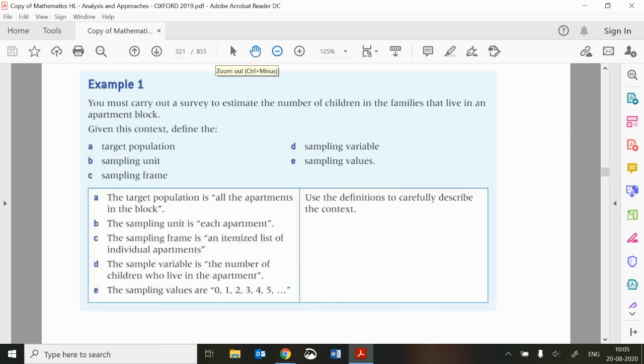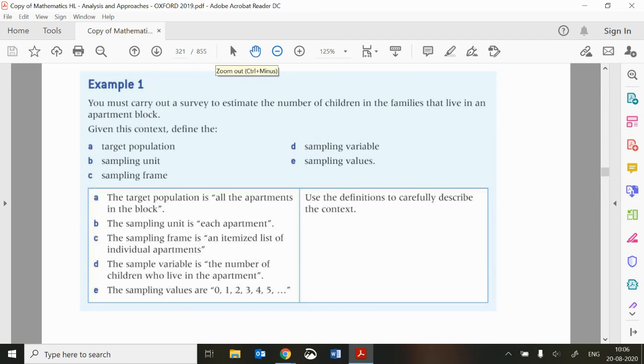Part D, it says sampling variable. So the variable is the thing we're interested in, which is the number of children in the apartment. And part E says the sampling values is obviously the values that we can get out from the variable. So what are the ages of these children? And we need to define child.